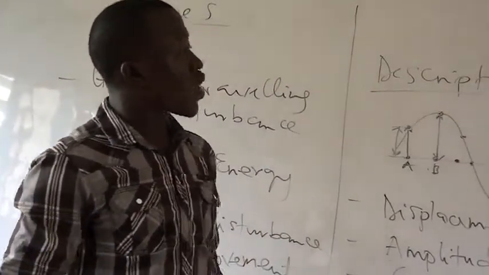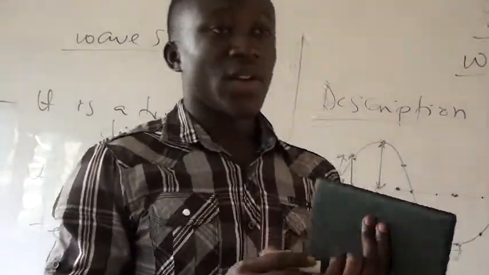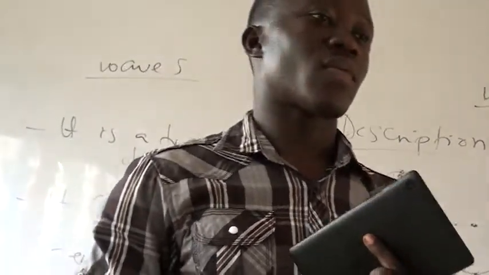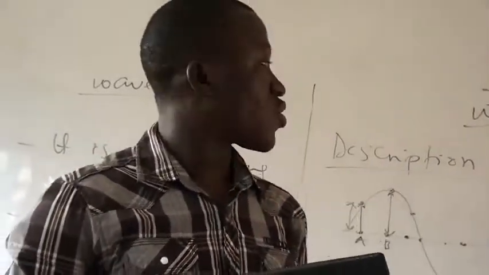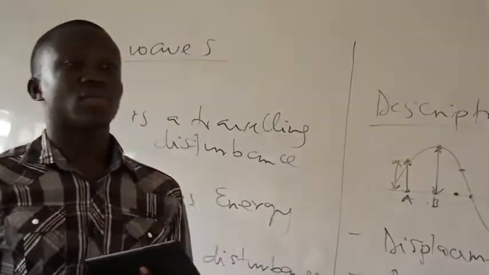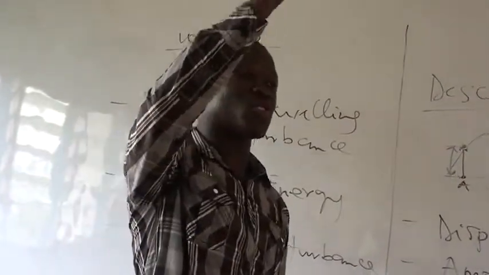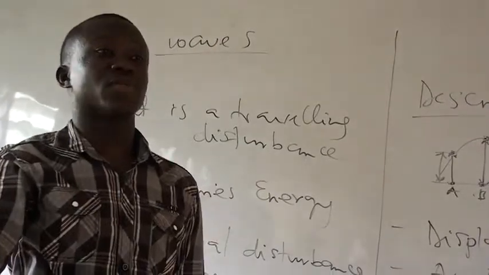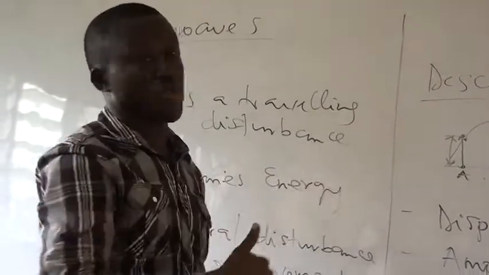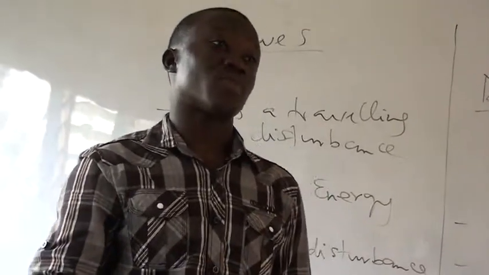Now the next item, the trough. Now if we have the highest position, we can also have the lowest position. The lowest position is what is referred to as the trough.